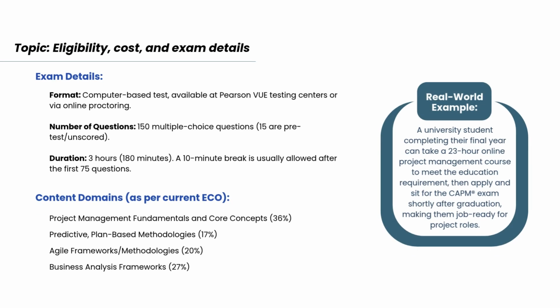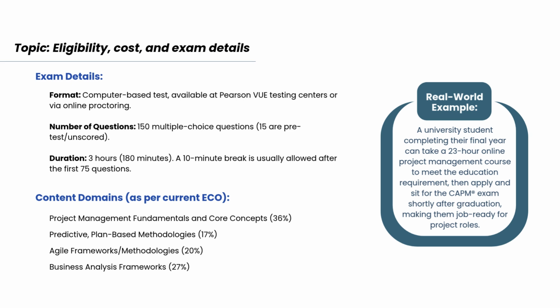Let's now talk about the exam details and content structure for the CAPM certification. Exam format. The exam is computer-based and can be taken either at a Pearson VUE testing center or via online proctoring. Number of questions. There are 150 multiple-choice questions in total.